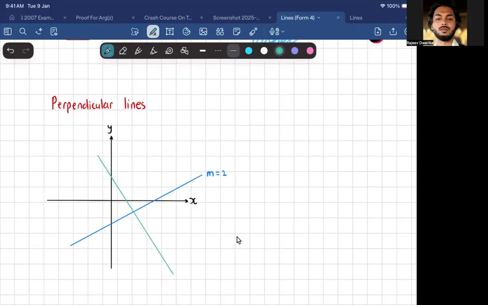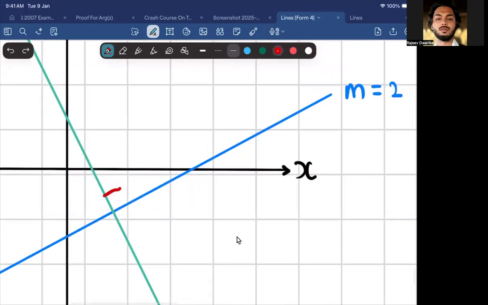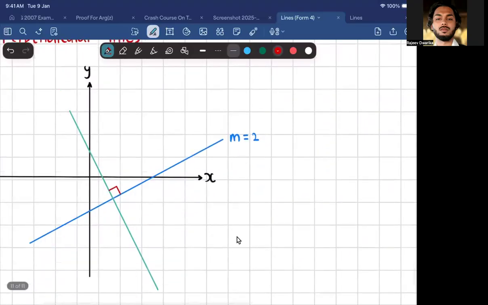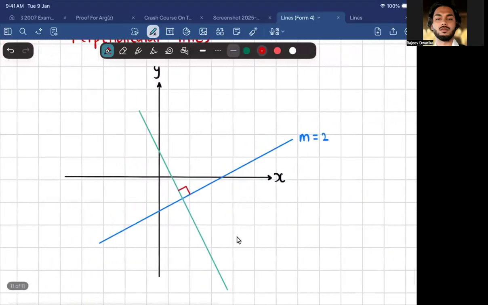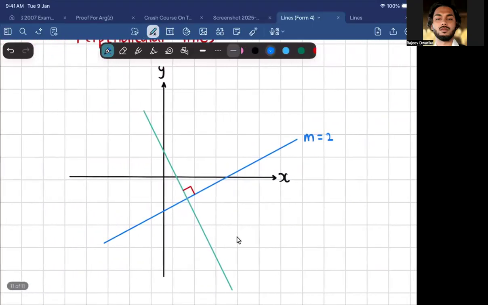So this line will be perpendicular to the blue line. You understand that? Let me know how you feel about that. And if the gradient there is 2, then this new gradient would be equal to minus a half. So there's a rule we need to learn.